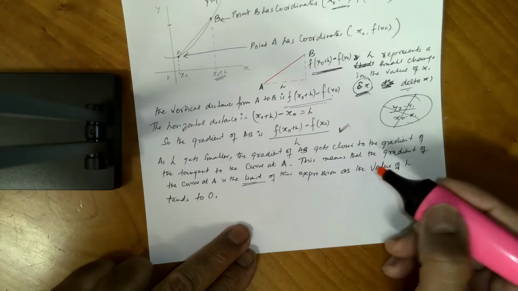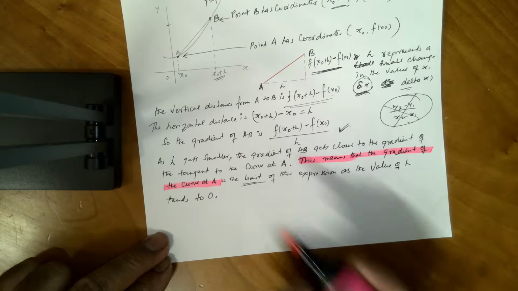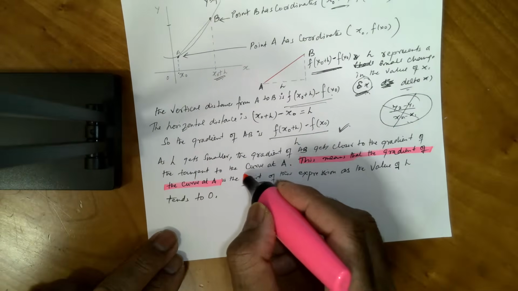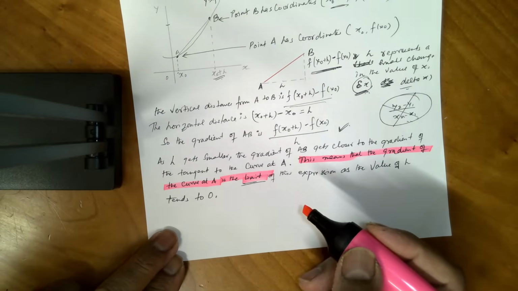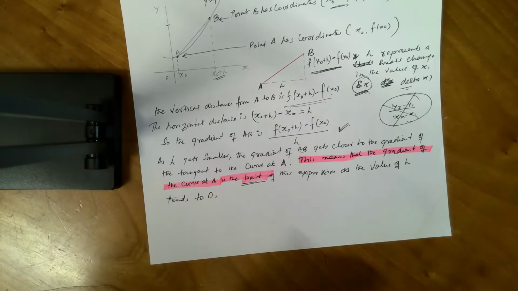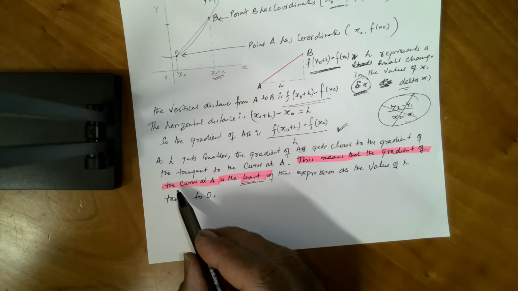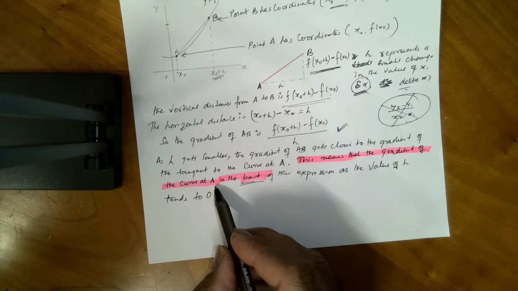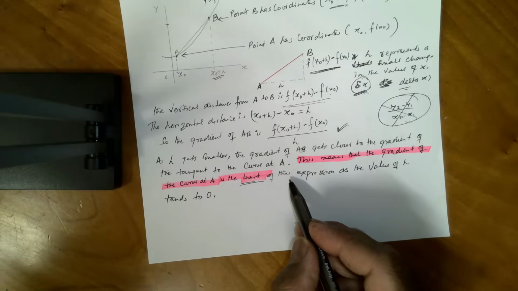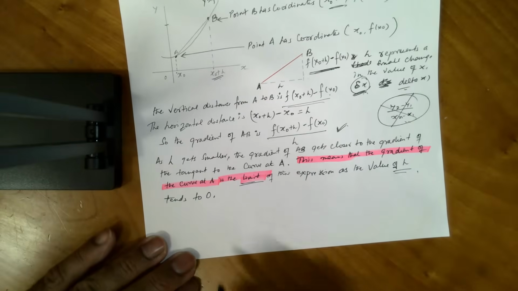So what does it exactly mean? It says that the gradient of the curve at A is the limit of this expression as the value of h tends to 0.